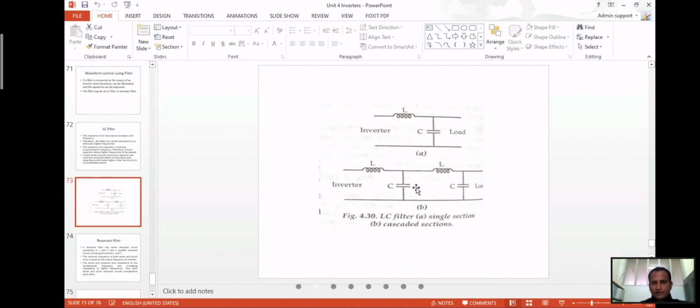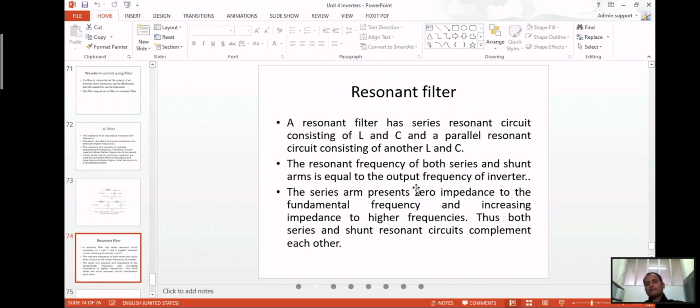Similarly, a resonant filter has a series resonant circuit. It also contains L and C, and the parallel resonant circuit also consists of another L and C. So it is a resonance filter. The resonant frequency of both the series and shunt arms is equal to the output frequency of the inverter. The series arm will present zero impedance to the fundamental frequency.